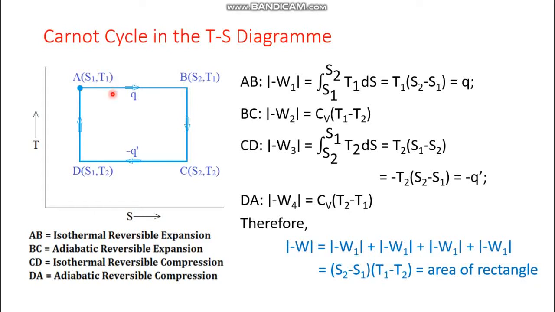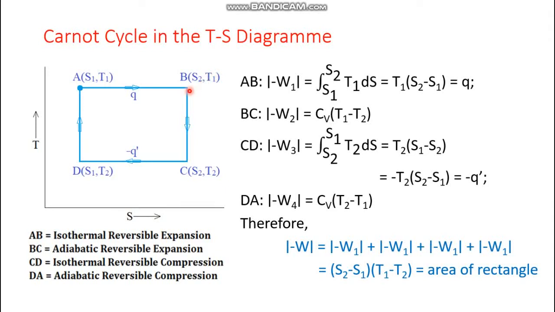But as I said during the numerical problems, entropy increases with increase in volume. V is increasing, so if volume is increasing, entropy increases. Here it is expansion, so entropy must increase. So entropy increases from S1 to S2, but the temperature remains the same, T1 to T1.